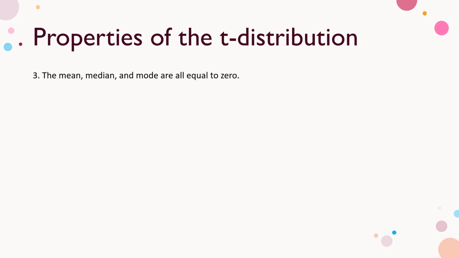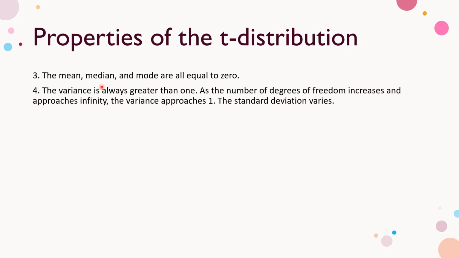The third property of the t distribution is that the mean, the median, and the mode are all equal to 0, just like the normal curve. Number 4, the variance is always greater than 1. As the number of degrees of freedom increases and approaches infinity, the variance approaches 1. Variance and standard deviation are measures of how spread out the data is.